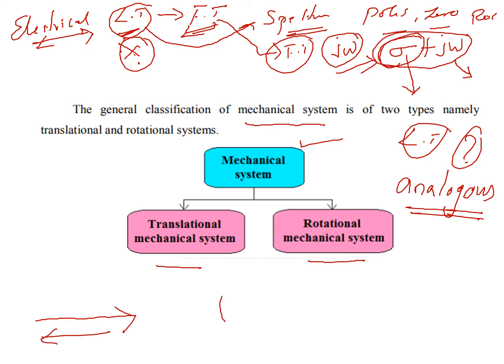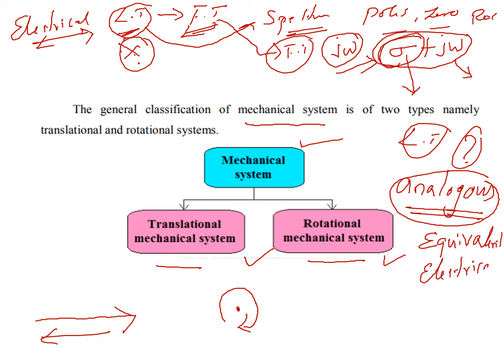Rotational means that which rotates about an axis. In brief, I will be talking about the analogous equivalent electrical circuit of this mechanical system. That we will do later.